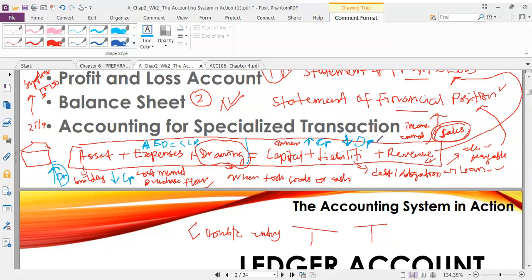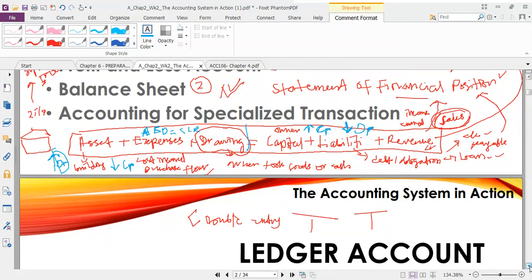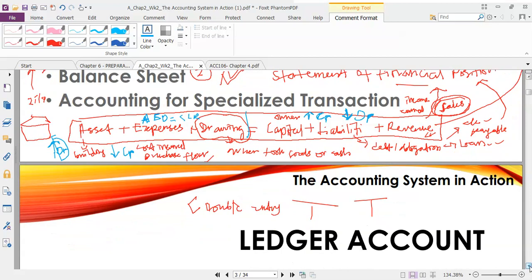Can you understand or not, class? The element? Okay, Joshua, boleh tak? Can you understand? Boleh faham tak untuk equation tu? Boleh kan?